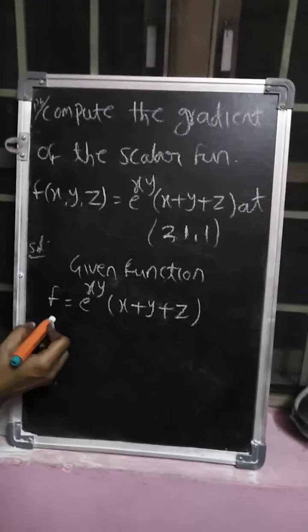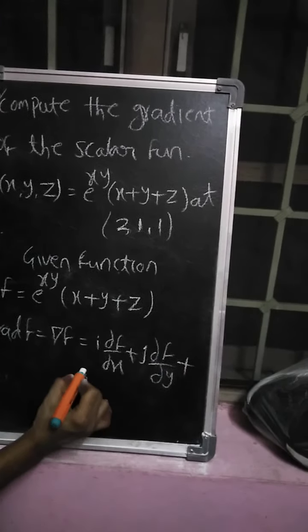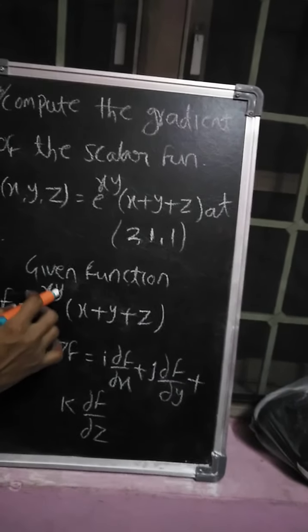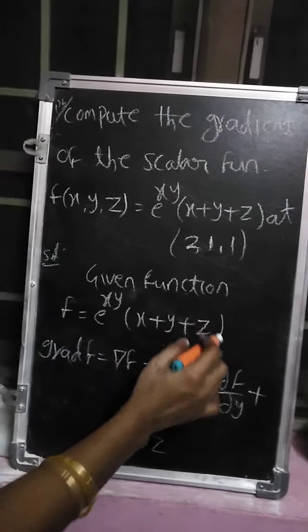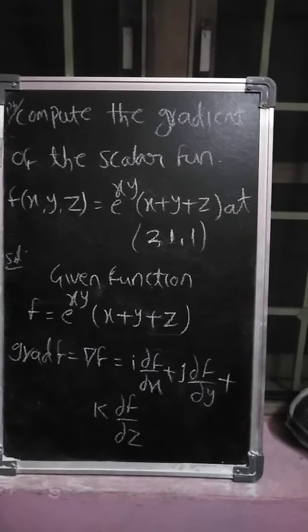So first we find grad f. Grad f is equal to i dou f by dou x plus j dou f by dou y plus k dou f by dou z. Here the function f is e power xy into (x plus y plus z), so in place of f we substitute this value.